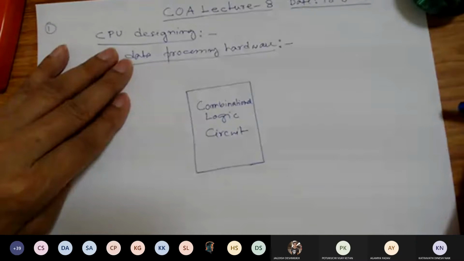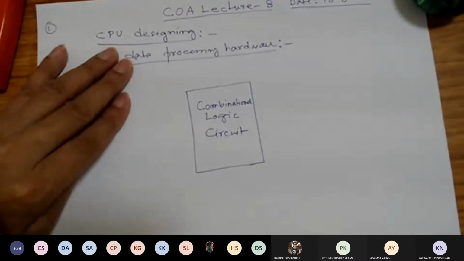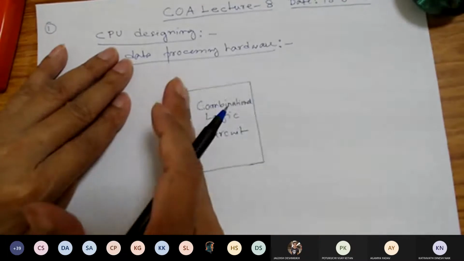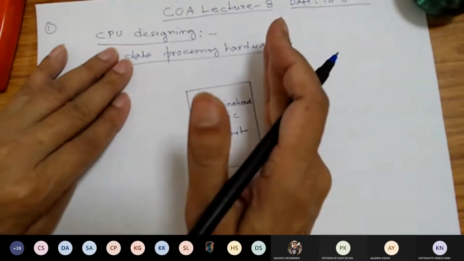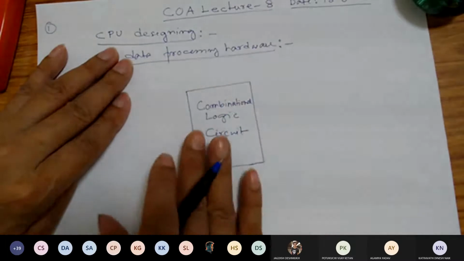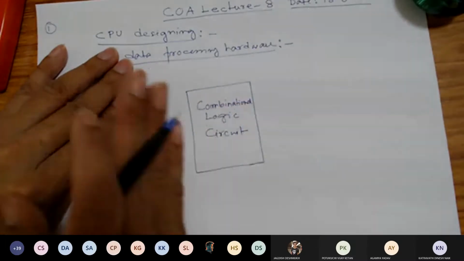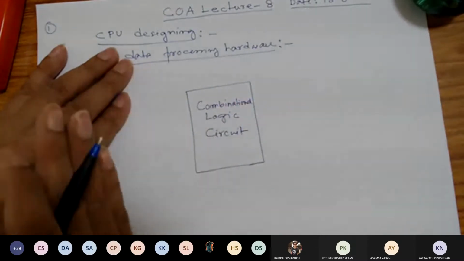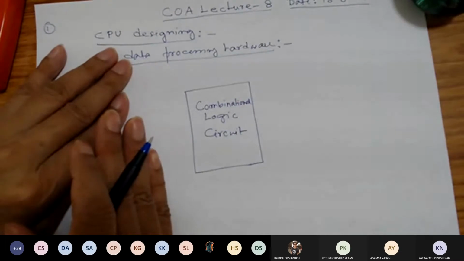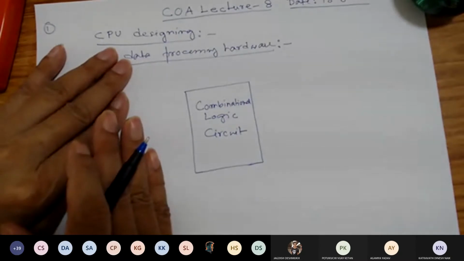Now, what it does basically, it takes some input and it produces some output. So any such combinational logic circuit, you need to define where the inputs are coming from. That is very important.